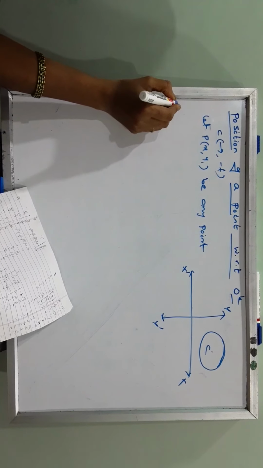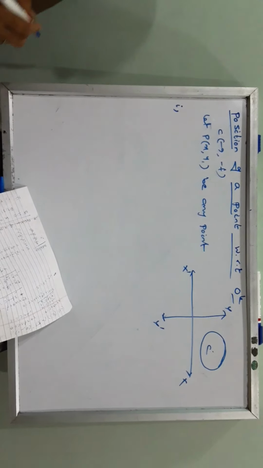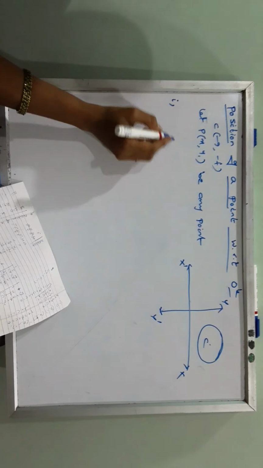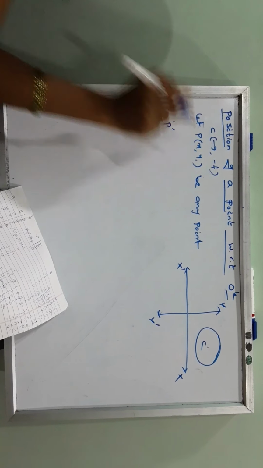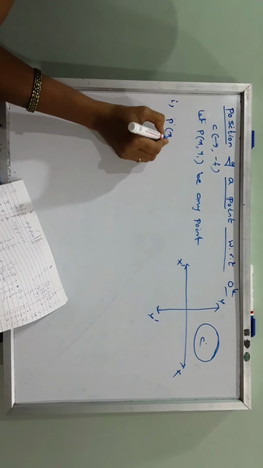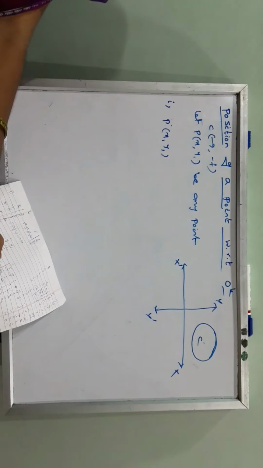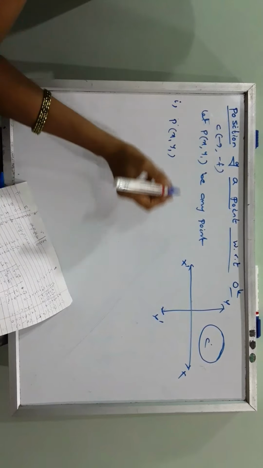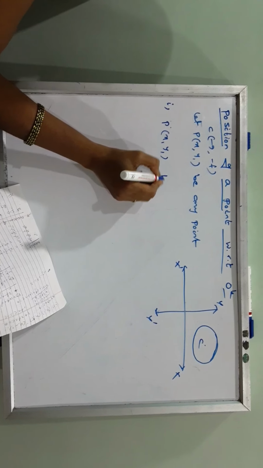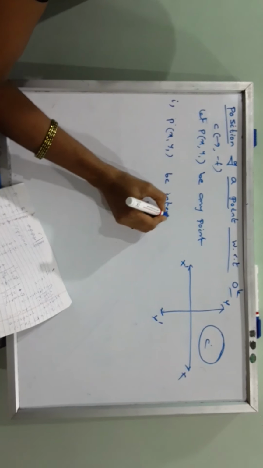Now three cases may arise. The first case is, here P(x1, y1) is any point in the circle, that is, P is in the interior of the circle.